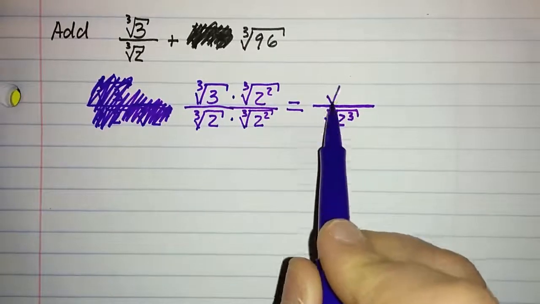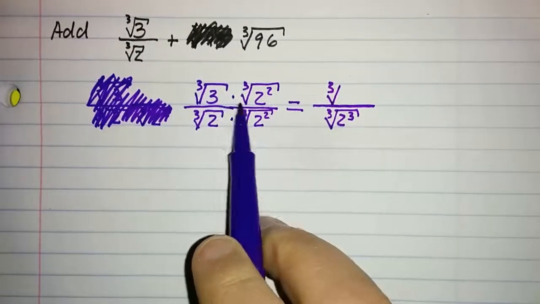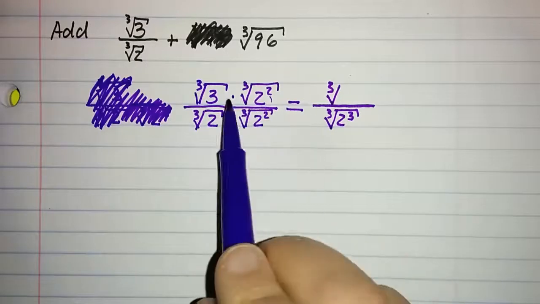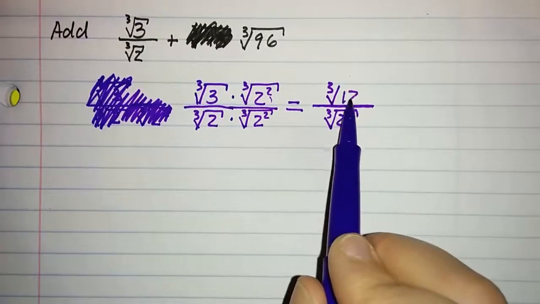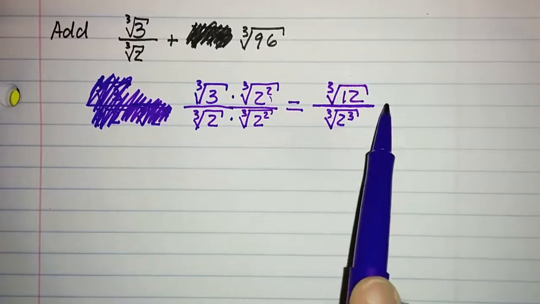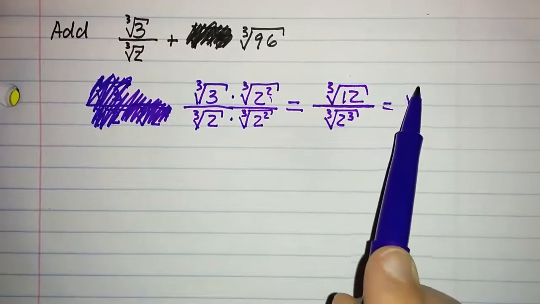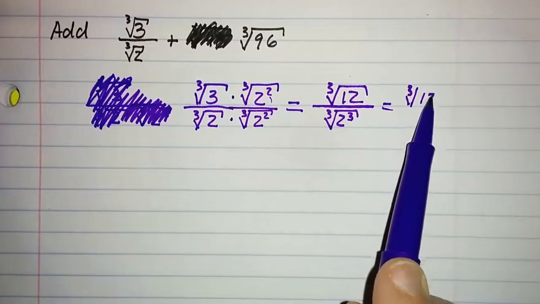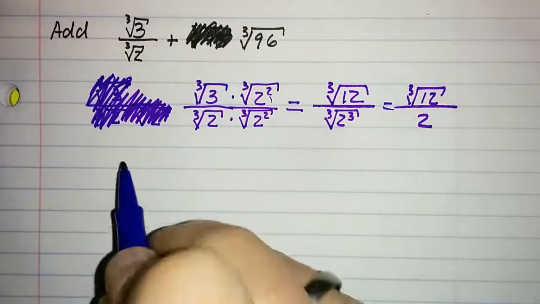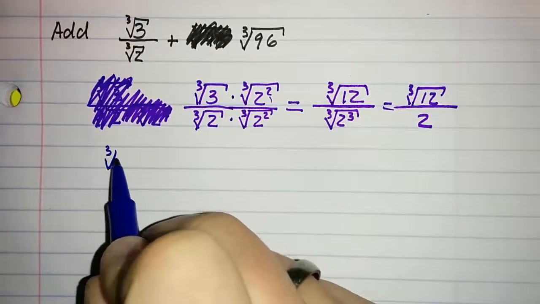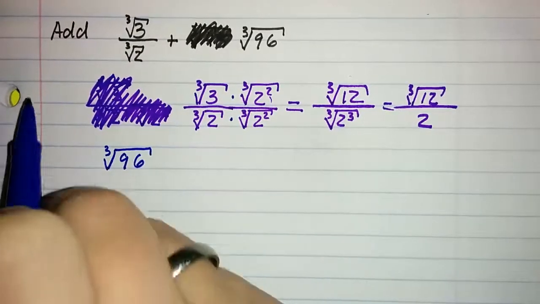In the numerator, I can see I'm not going to be able to simplify, so I'll go ahead and multiply it out. 12. So this is the cube root 12 over 2.